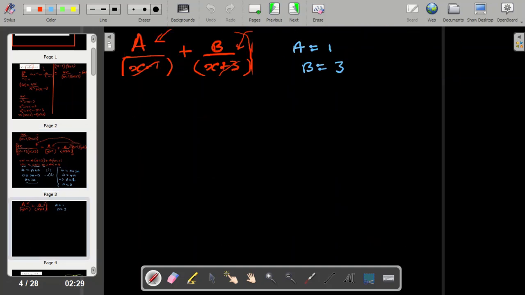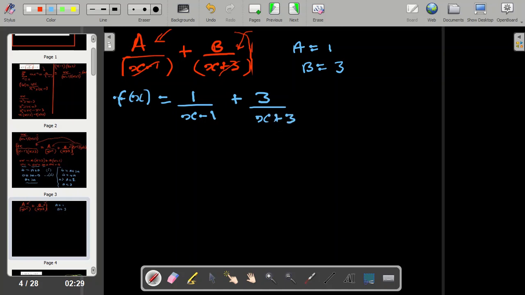So we are going to express our f of x. Our f of x will be equal to, so A is 1, we're going to have 1 over x minus 1, then plus our B value is 3, so this will be 3 over x plus 3.